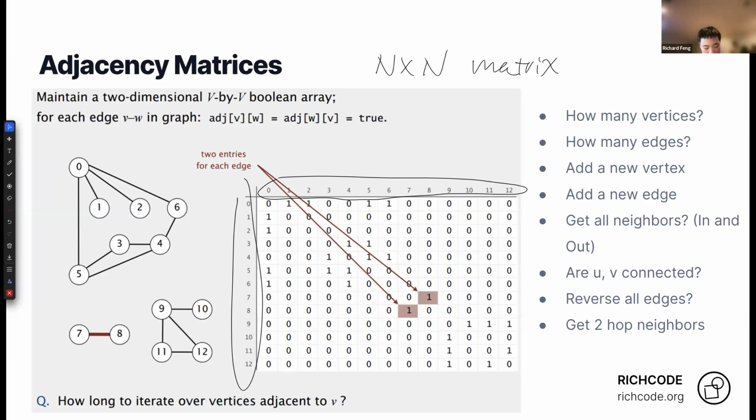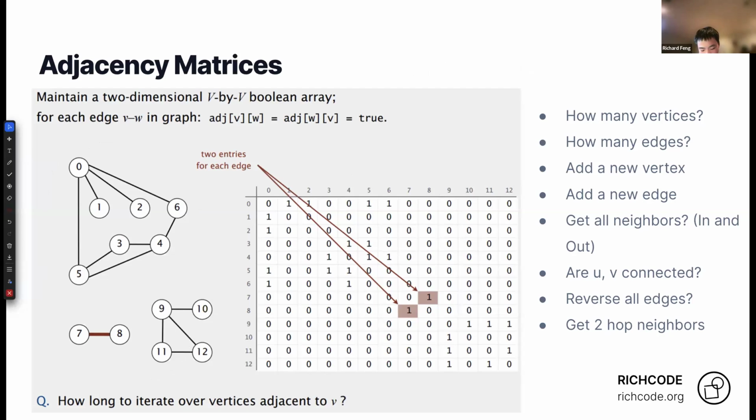What about the number of edges? So Roger already hinted at this one earlier. So the number of edges is the number of ones divided by 2. Yeah, since this is a 2-dimensional matrix.